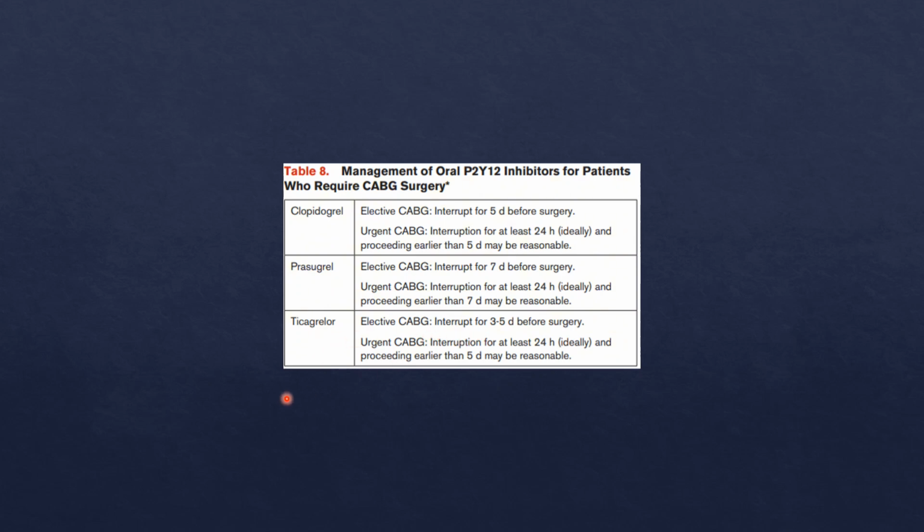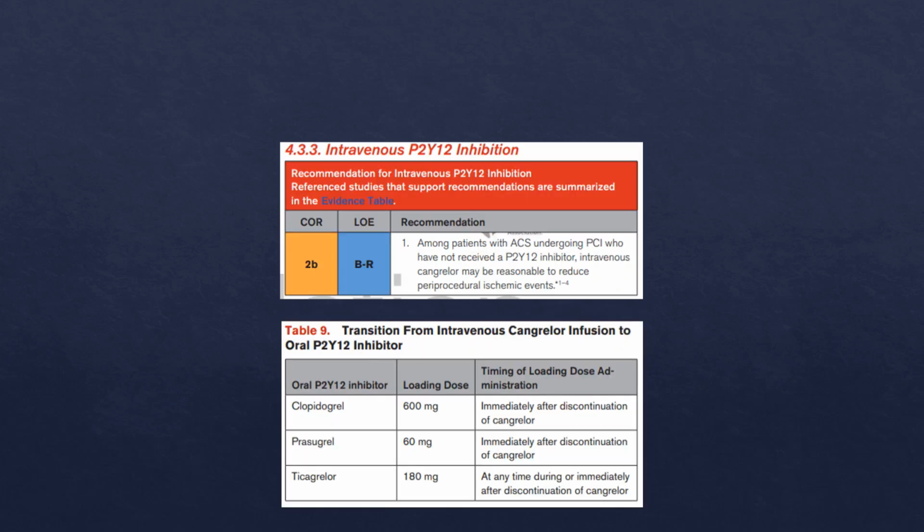There has been a lot of talk about the intravenous P2Y12 inhibitor, cangrelor, and it has a class 2B recommendation in patients who have not been previously given a P2Y12 inhibitor. So they can get a P2Y12 inhibitor in IV form during PCI.